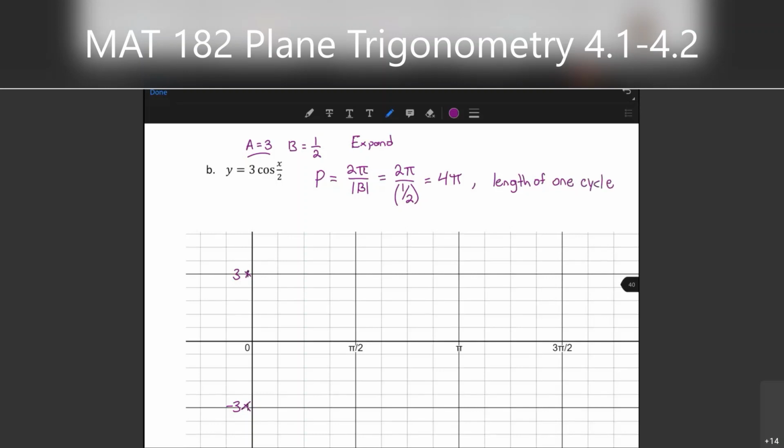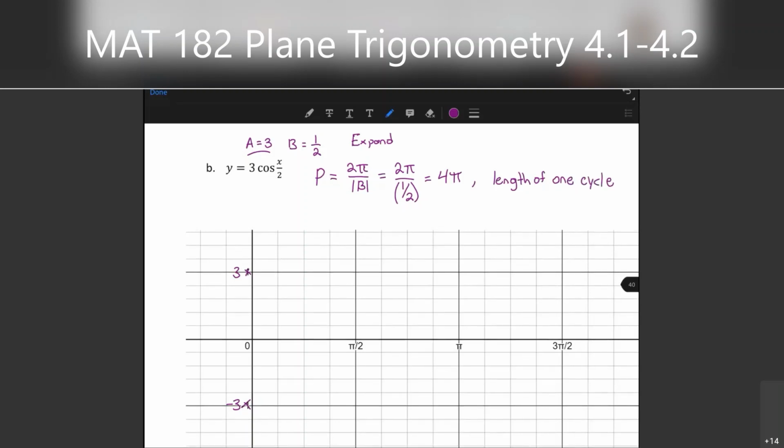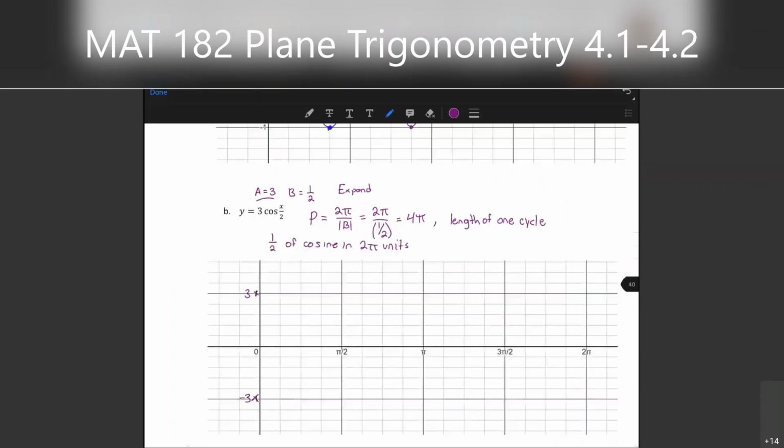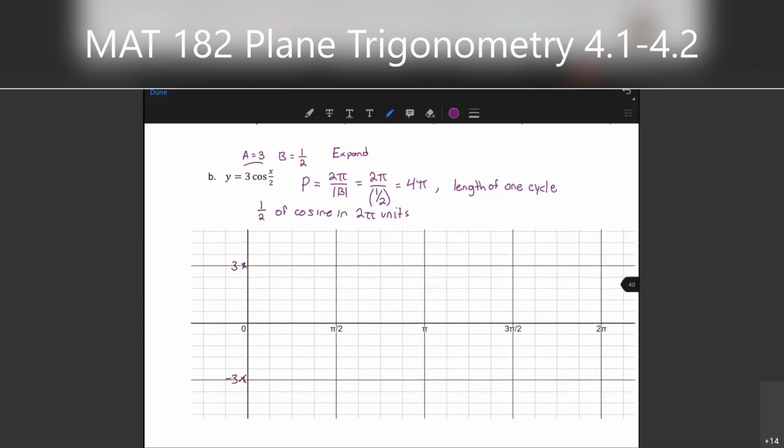And so we're going to go through 1/2 of a cycle of cosine. So this is going to be expanding. We only have up to 2 pi, so we're going to do half of a cosine wave in this domain.